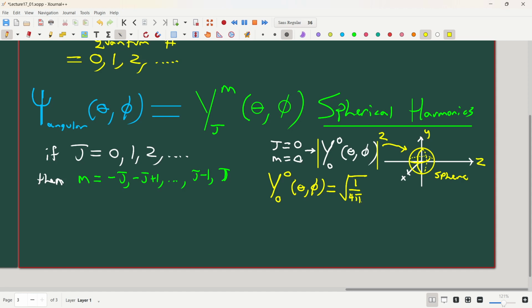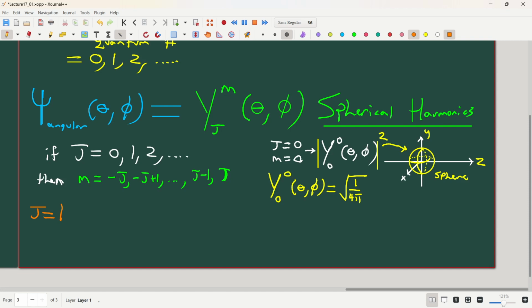All right, so what about j equals 1? Let's go up a j, right? Let's give it 1 unit of angular momentum. Let's start spinning our electron around the proton. Well, if j is equal to 1, then m can be 3 different values, right?